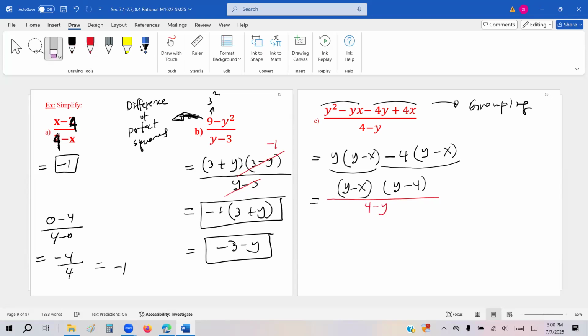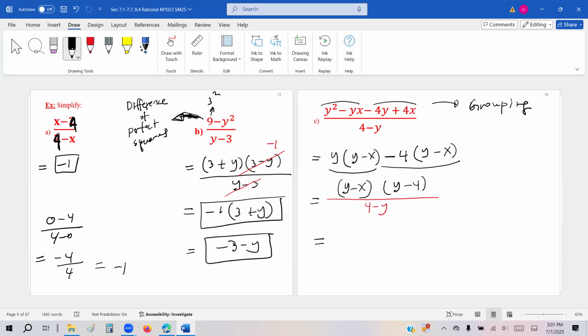Any questions so far? Is there anybody who is lost with what we did? So it goes back to the method I taught you. 4 terms means you have two choices, either GCF or grouping. Here, GCF is not possible because not all 4 of them have the same thing. So you go to grouping. You group 2 by 2 and then you factor out individually.